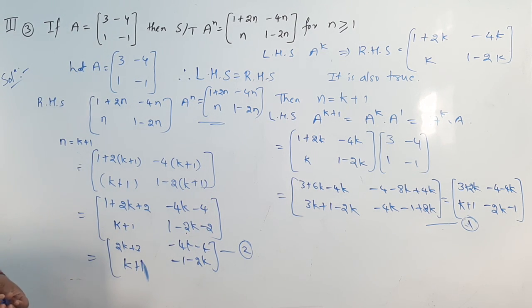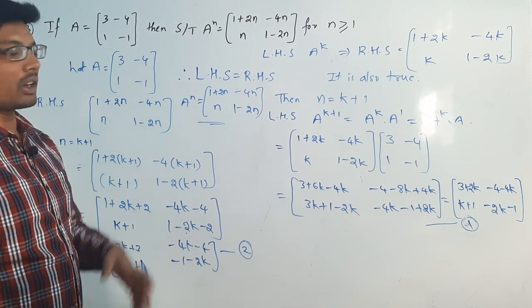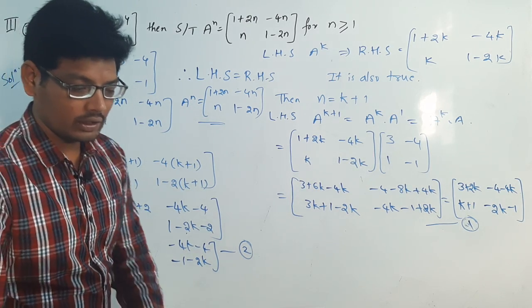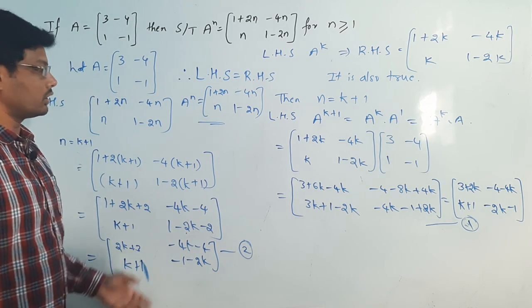If A is equal to 3 minus 4, 1 minus 1, then show that A to the power of n is equal to 1 plus 2n, minus 4n, n, minus n, 1 minus 2n for all n greater than or equal to 1. This is all about this question.